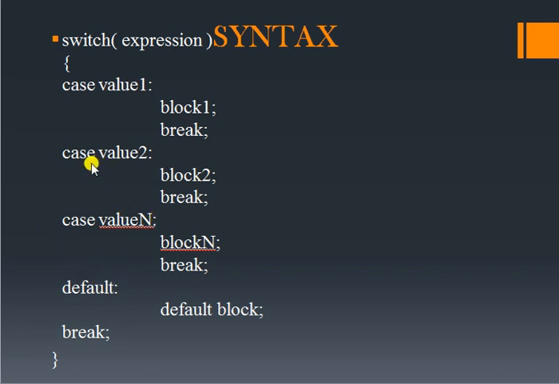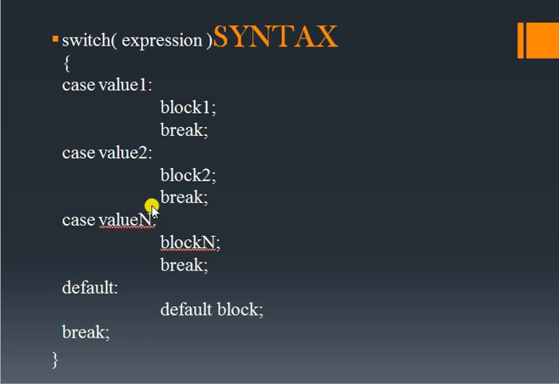Then again case value 2. That means the expression value will be checked with this value 2. If they are equal, then block 2 will be executed, then break. Break means it will go out of the switch statement. If it does not match value 2, then it continues until case value n.